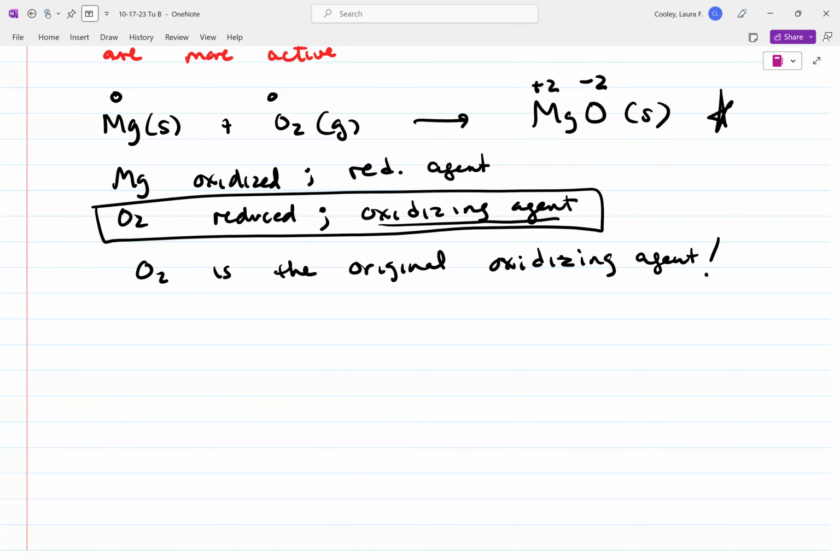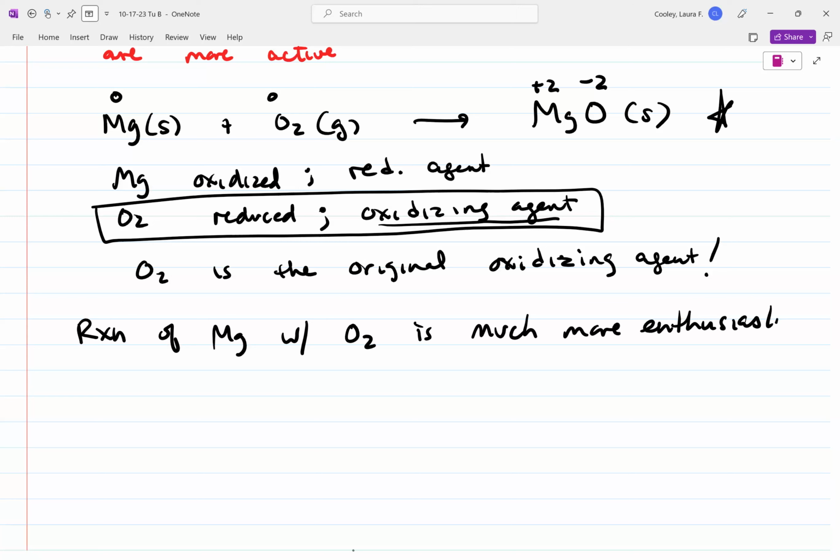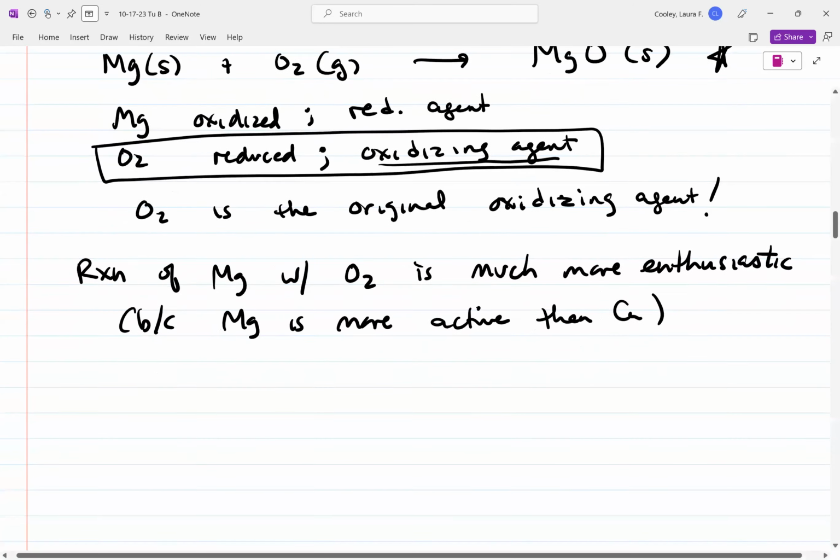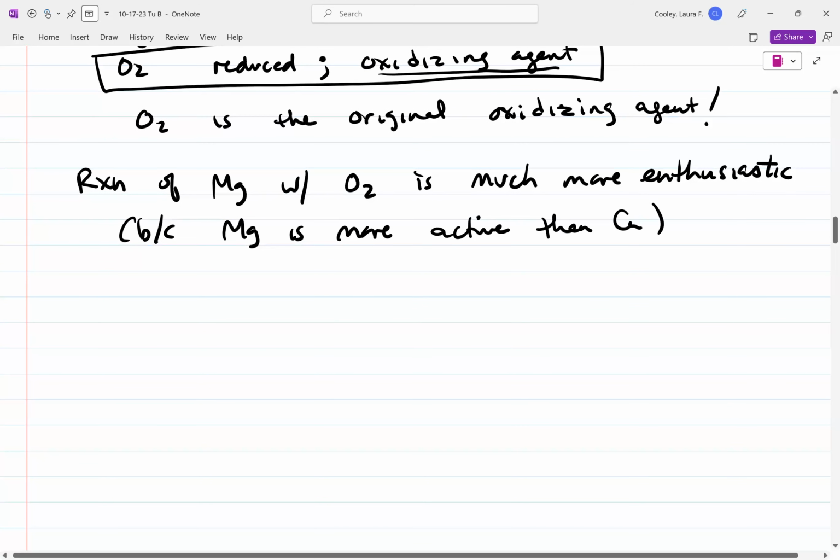Magnesium bursts into flame, and it disintegrates into ash, basically, which is magnesium oxide. So the reaction of Mg with O2 is much more enthusiastic, and that's because magnesium is more active than copper.